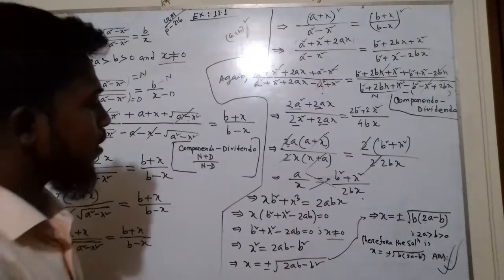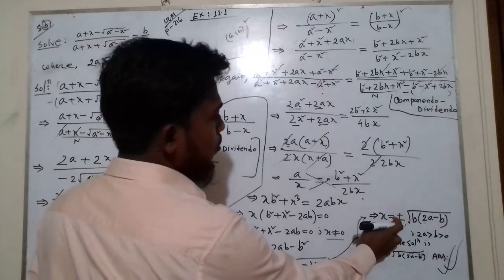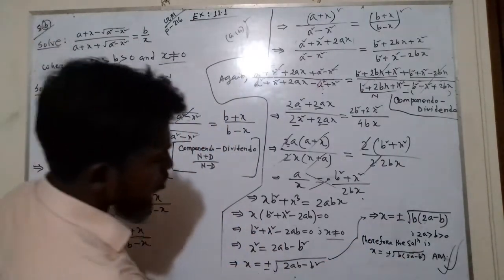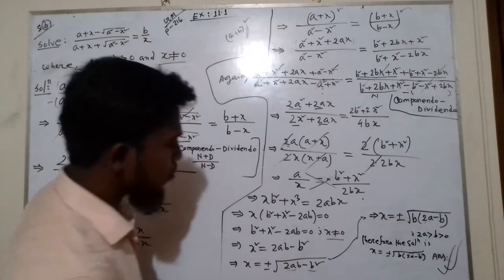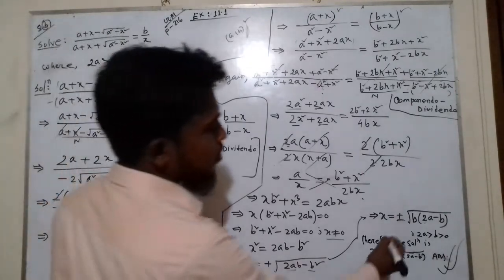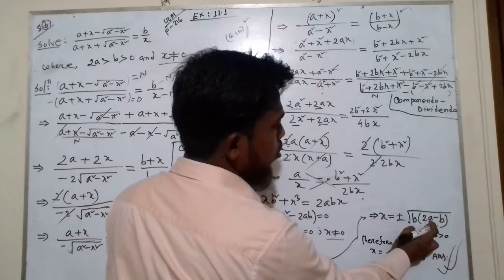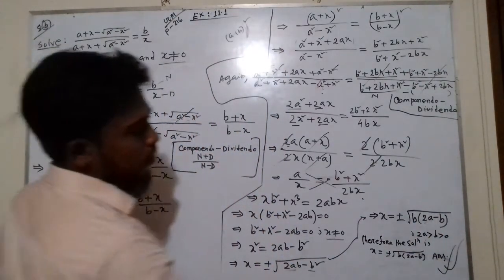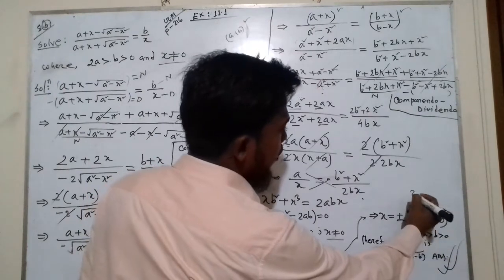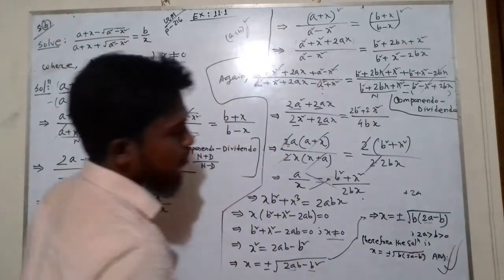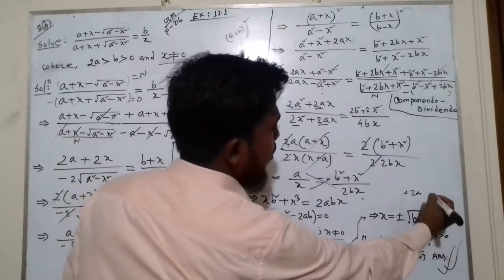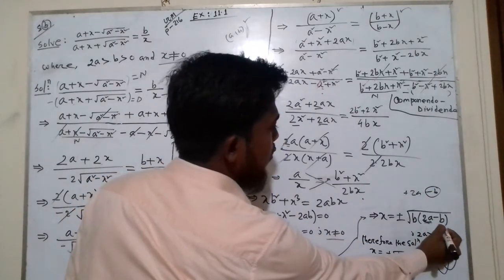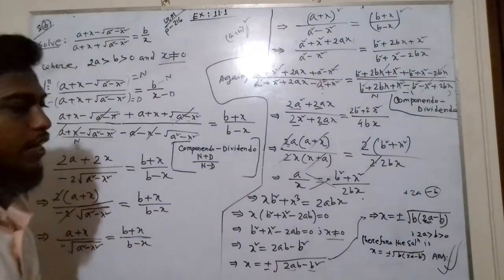Okay, now taking common b from these two terms, we can write plus minus root over b into 2a minus b. Look here, 2a is positive sign and b is negative sign.